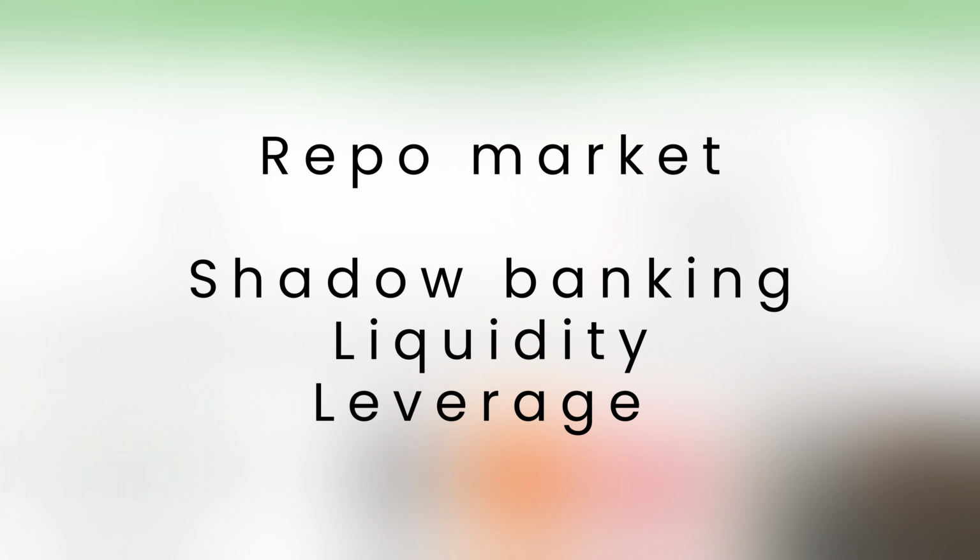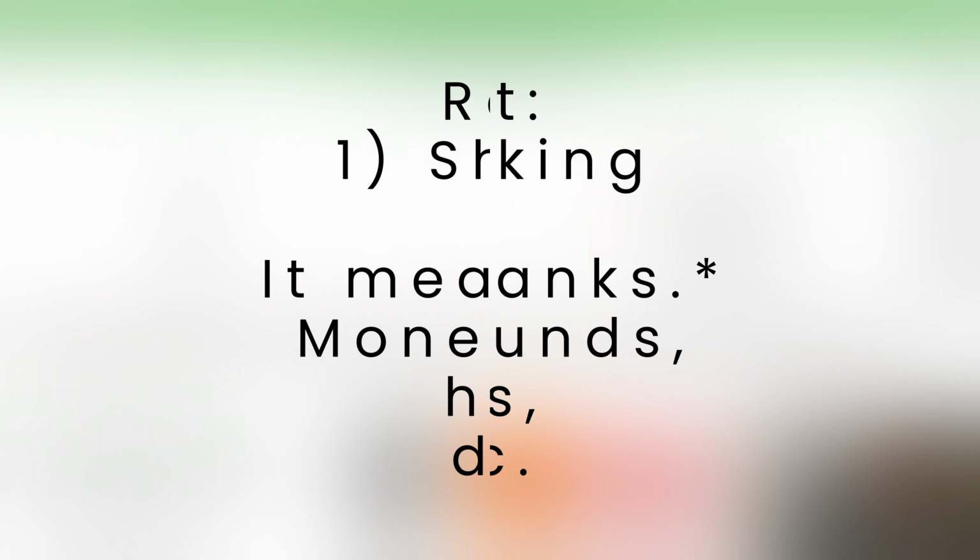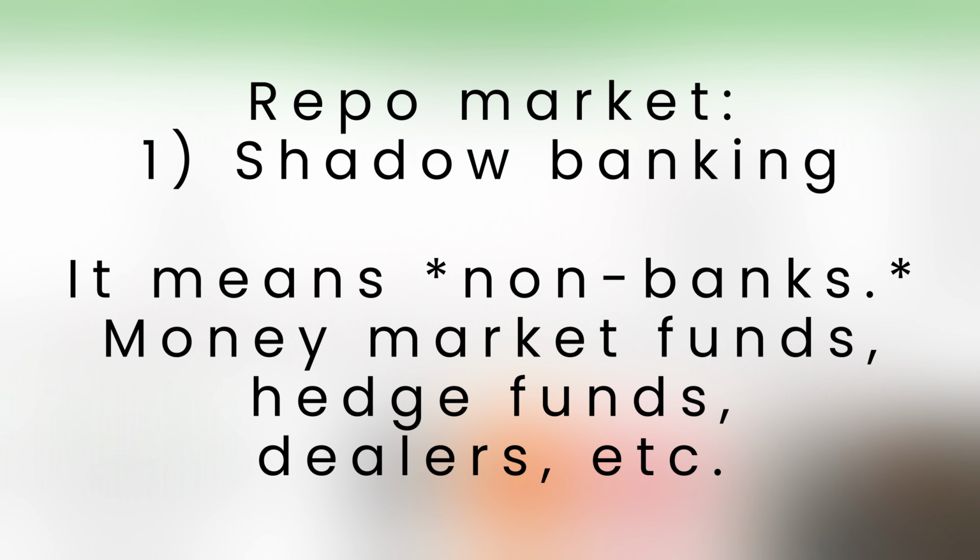So let's take each of these items in turn. First, shadow banking. In short, the repo market is made up of non-banks. There are certainly banks that deal in the repo market, as we will see, but they are a minority.